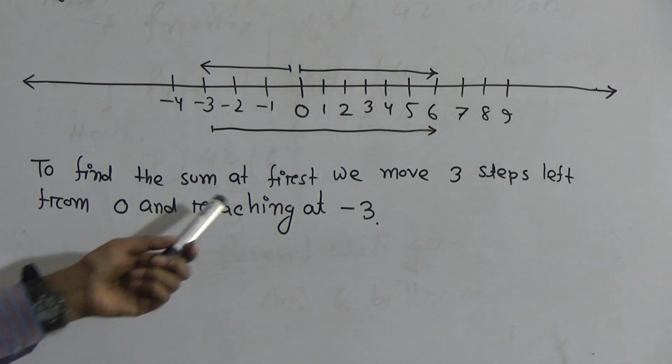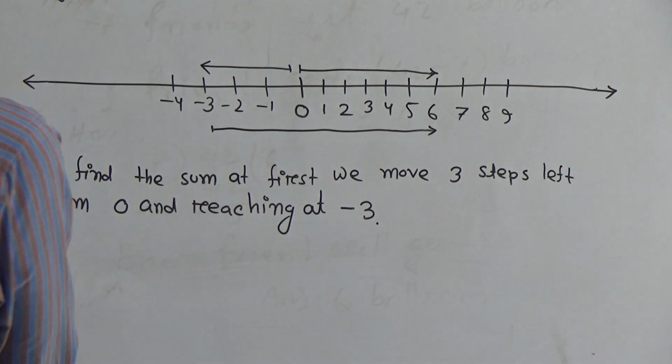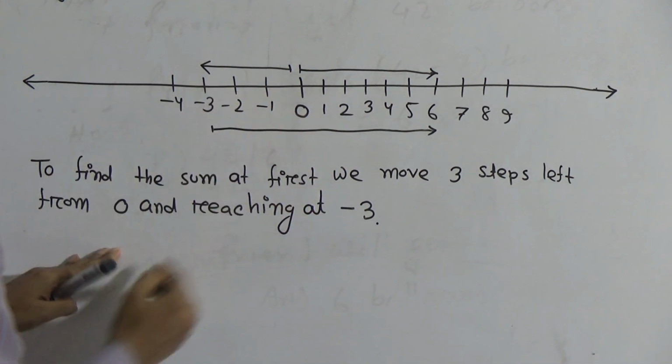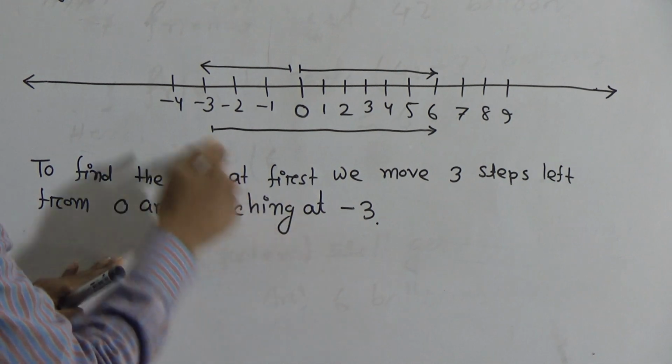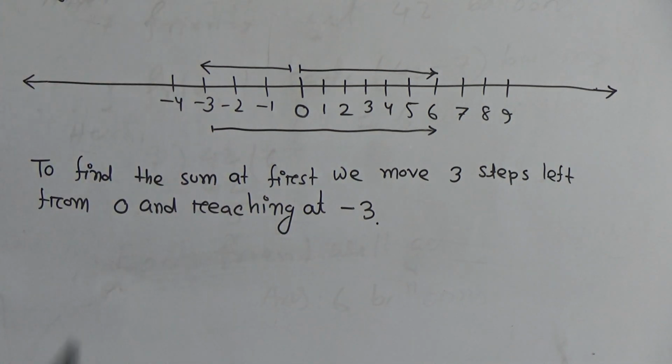Look, to find the sum, at first we move 3 steps left, that means in this side from 0. This is 0, 1, 2, 3, and reaching at -3.